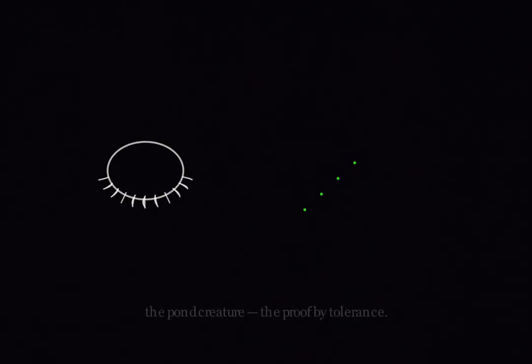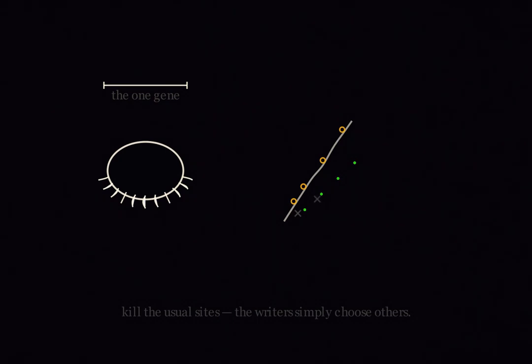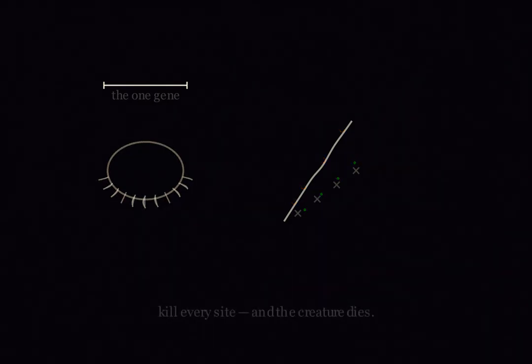The pond creature, the proof by tolerance. Tetrahymena, one gene for each kind of stone, a huge repertoire of marks. Rewrite its one gene and kill the usual modification sites, and the enzymes simply choose others. Kill every site, and the creature dies.